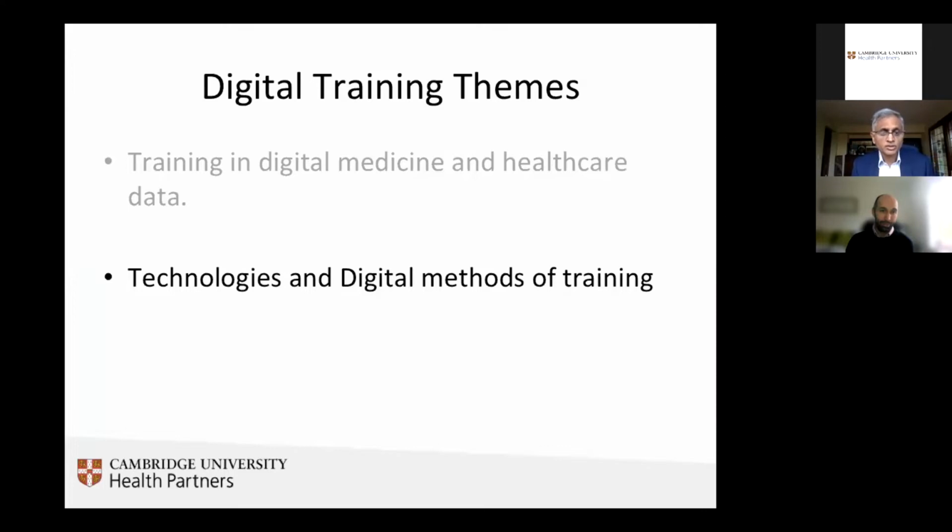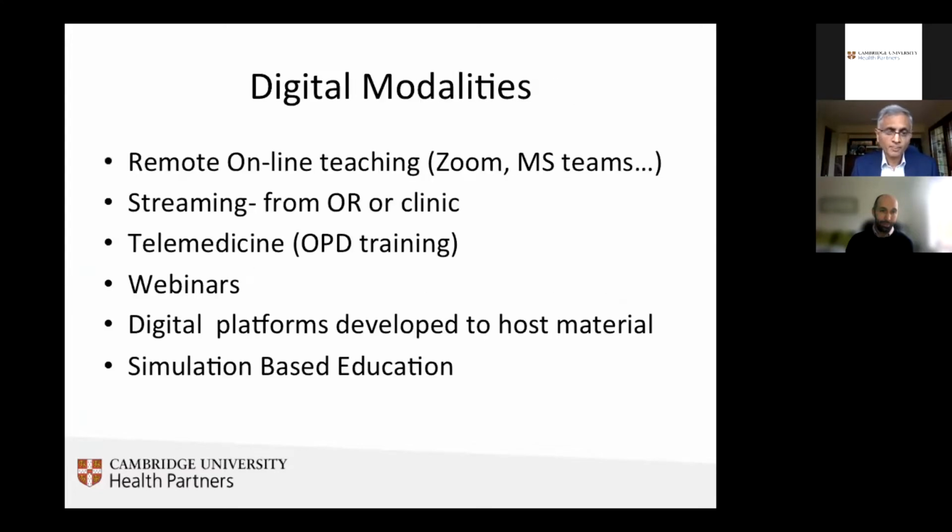So now I'd like to talk about some of the digital technologies that are used in training. Of course, we are all familiar with most of the commonly used technologies. So Zoom meetings, Microsoft Teams, remote online learning, streaming from operating rooms or clinics. The use of telemedicine has increased rapidly, both in secondary and primary care.